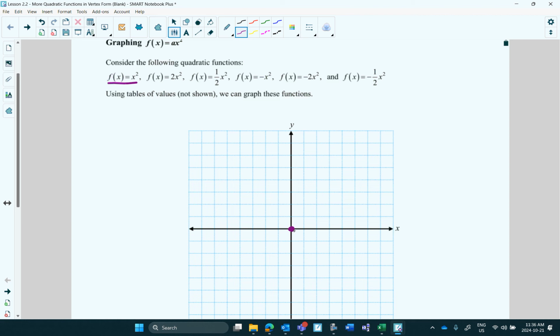One across, one up. Two more points. And then from the vertex, not from these 2 points, from the vertex, 2 across, 4 up. And that is the most basic one. Again, you can write f of x or y equals x squared.